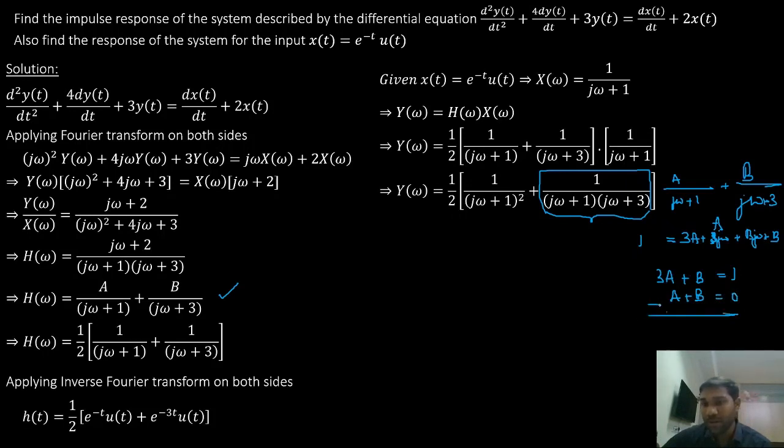Now if I subtract, I'll have 2a equals 1, and a is equal to 1 by 2. When a is equal to 1 by 2, b is equal to negative 1 by 2, because a plus b is equal to 0. So I'll substitute a equal to 1 by 2 and b equal to minus 1 by 2.